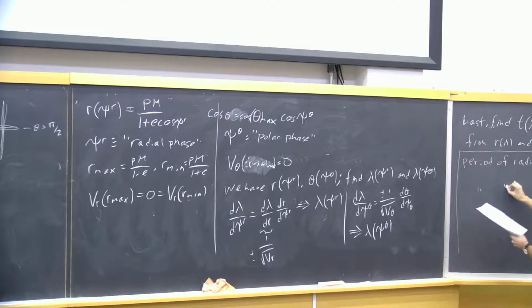Then we have the period of polar motion, which is lambda theta, times the integral from the bottom up to the top, or vice versa, of d theta over square root of v theta as a function of theta. Well, let me write that more explicitly.